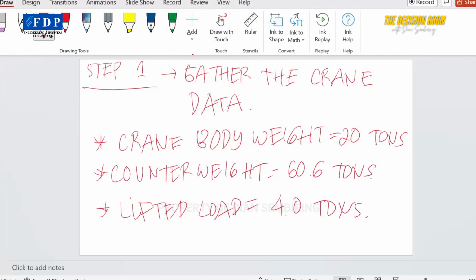Okay, so from all of this information, we get the total is 84.6 tons.